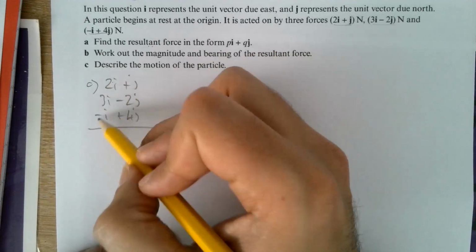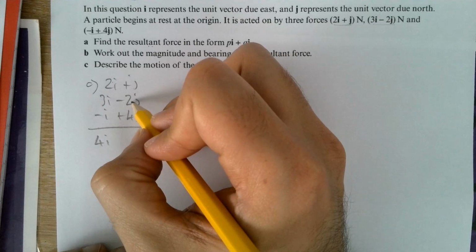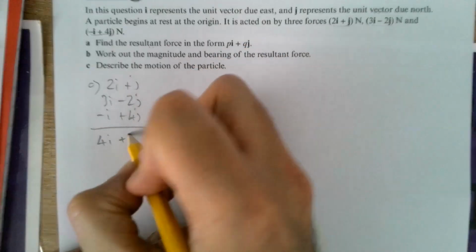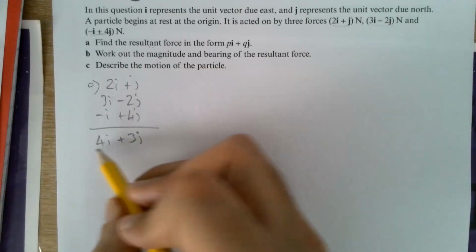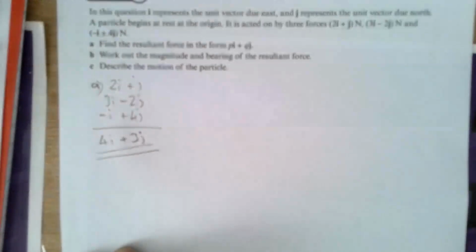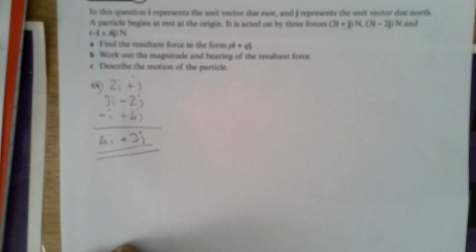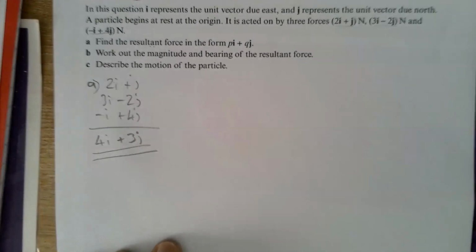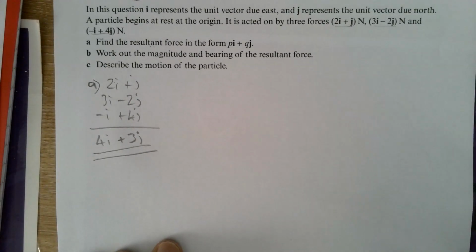So 2 add 3 is 5, minus 1 is 4i, and 1 minus 2 is minus 1, add 4 is 3, 3j. So that's my resultant force there. Very, very easy that. And again, remember, we aren't having to do this force, take away this force, because it's already described to us in positives and negatives.